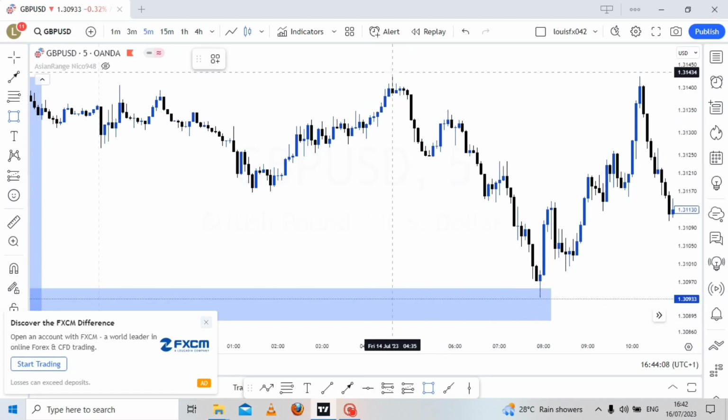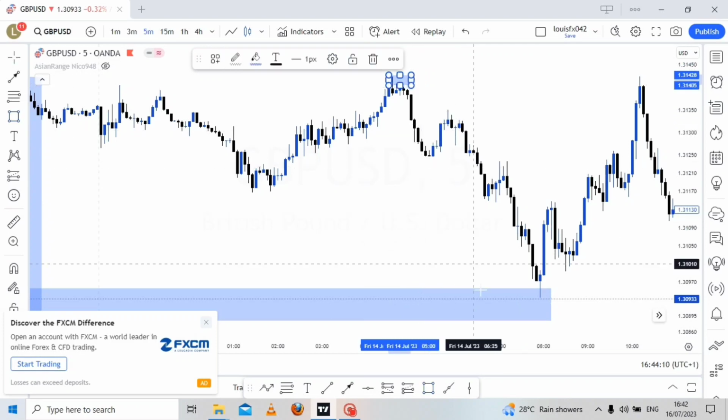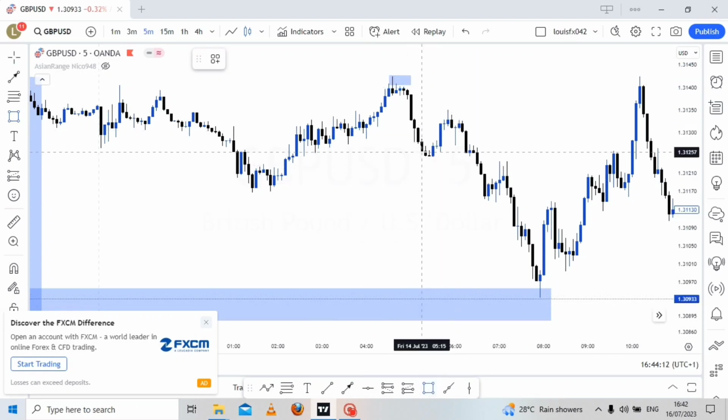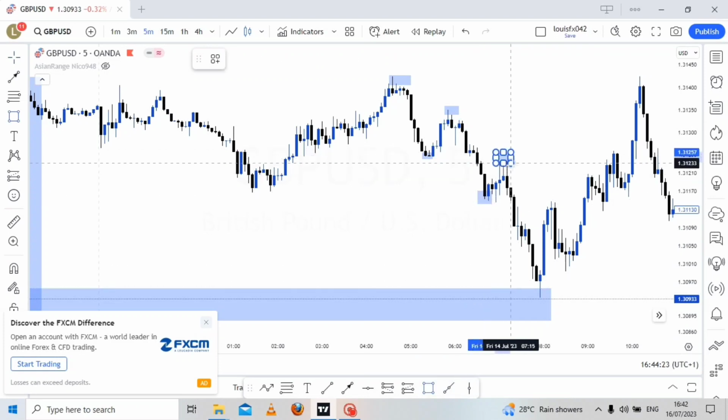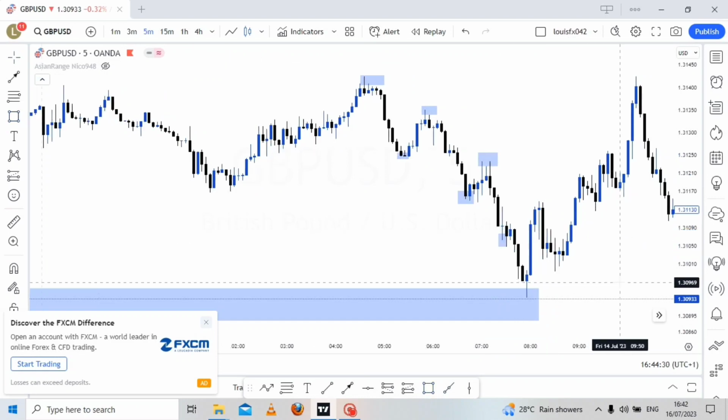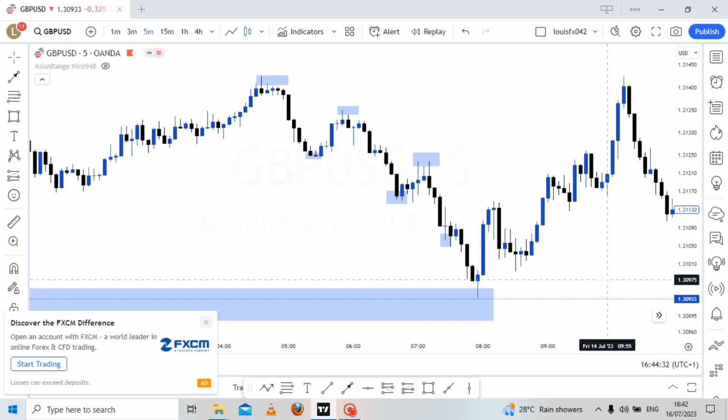You can see the market is forming a lower high here, a lower low, another lower high, lower low, lower high, and yes, the market is creating multiple distinct structures for you.